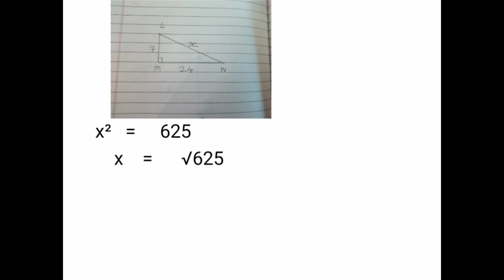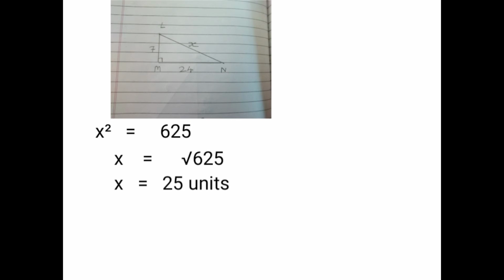When you remove the square symbol here, it becomes square root. X is equal to 25 units. Square root of 625 is 25 because 25 into 25 is 625. Okay.